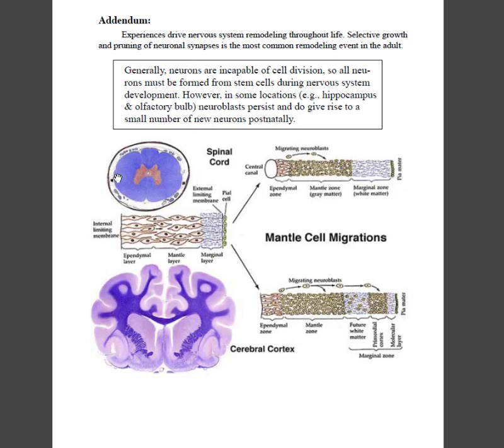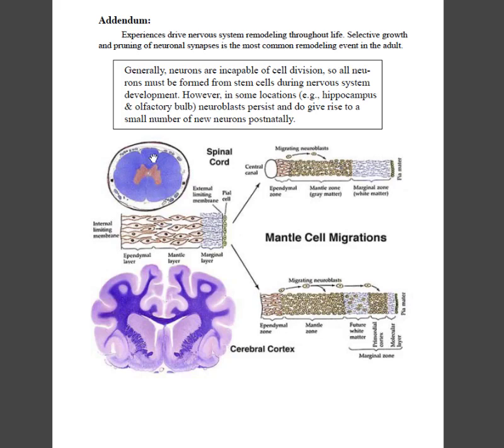And to finish up, I'd like to go back to this idea of the mantle layer and the marginal layer. And this is the ependyma. So at the neural tube, then, we have this mantle layer and marginal layer. In the spinal cord, you can see that surrounding the central canal here, we have this H-shaped gray matter.